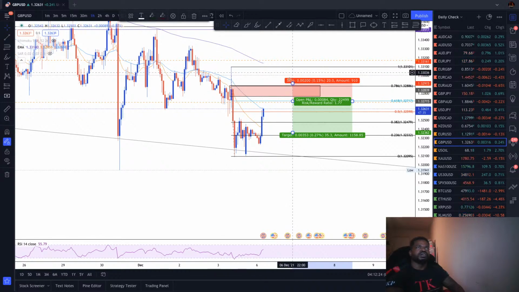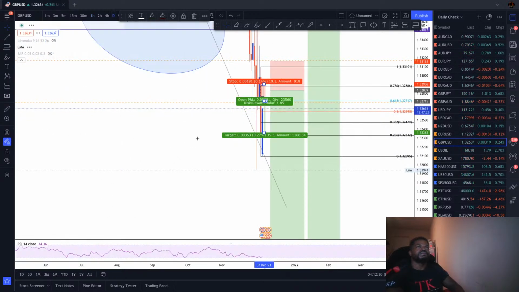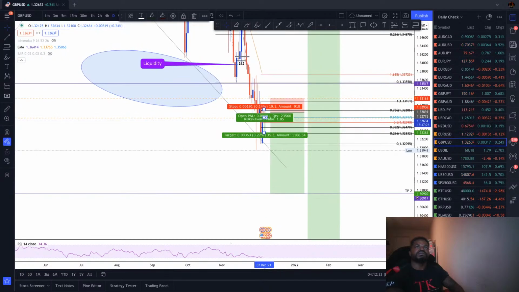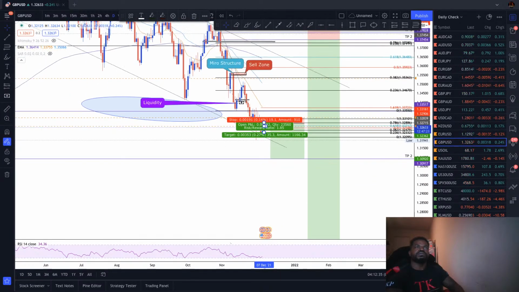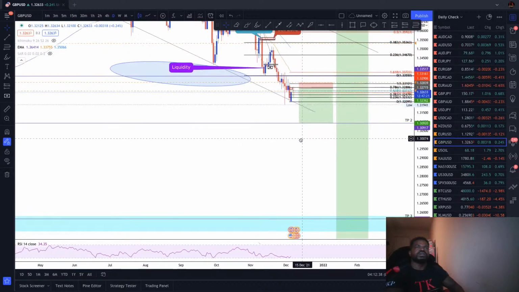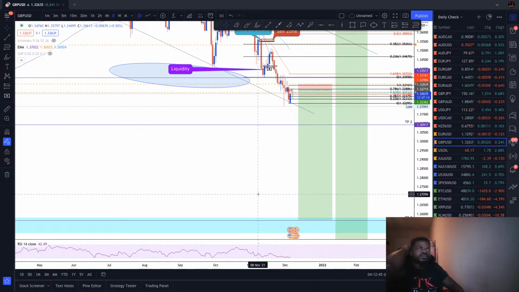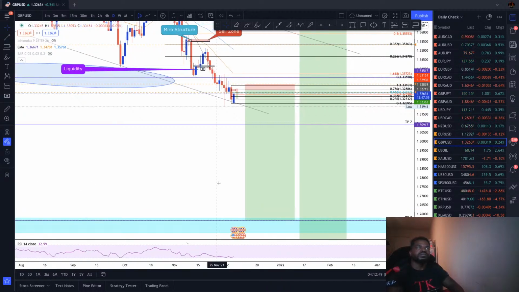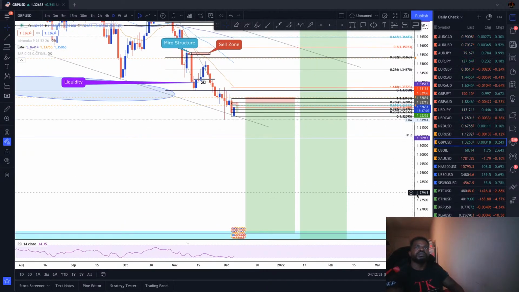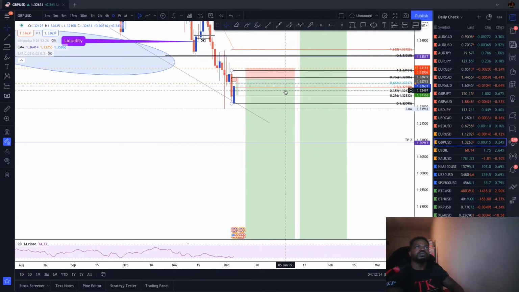Stop loss above the 786, trading down to TP3.